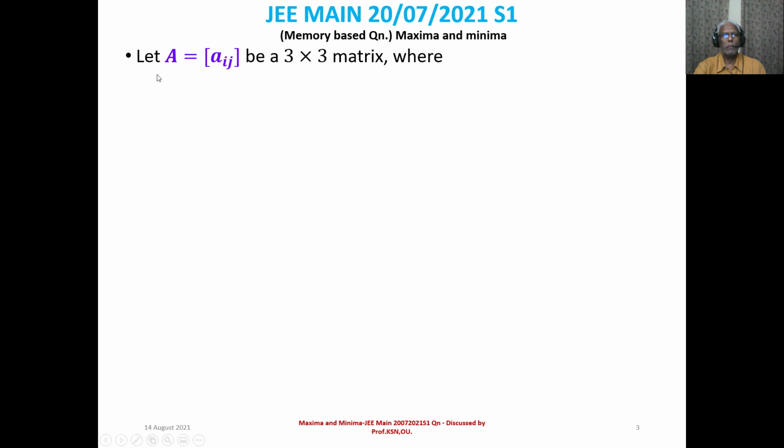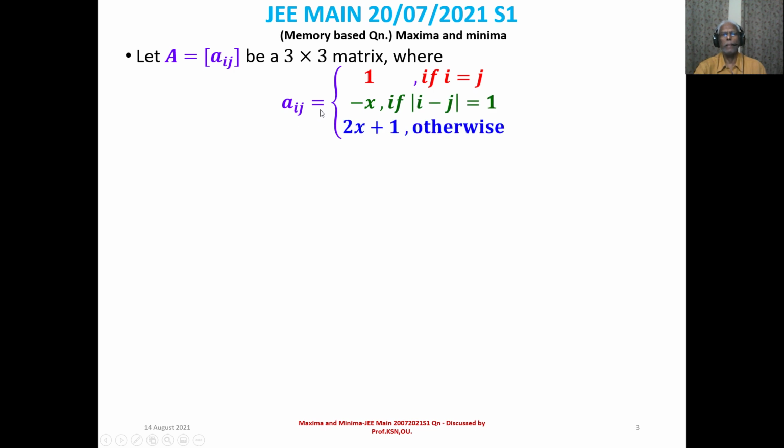The problem is, let A equal the matrix Aij be a 3 by 3 matrix where Aij is equal to 1 if i is equal to j, that is the diagonal entries are 1, is equal to minus x if mod of i minus j is equal to 1.